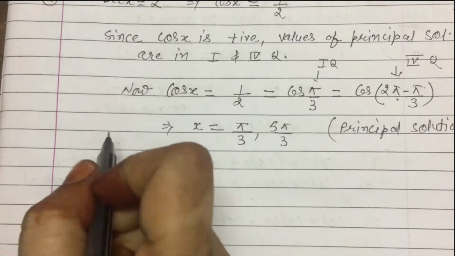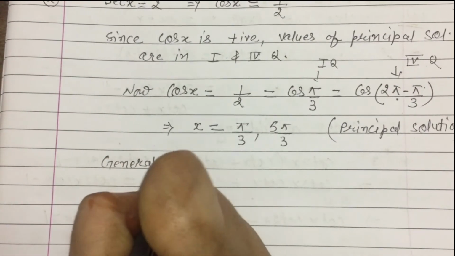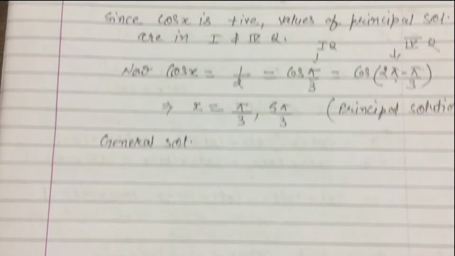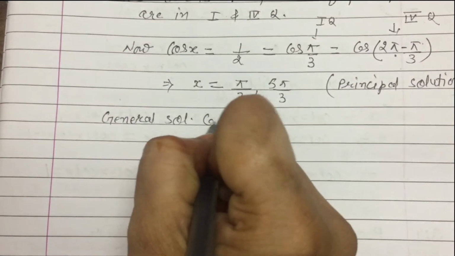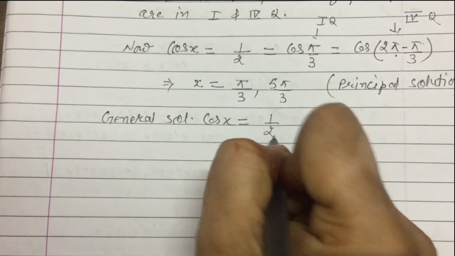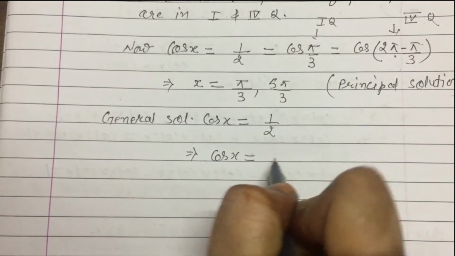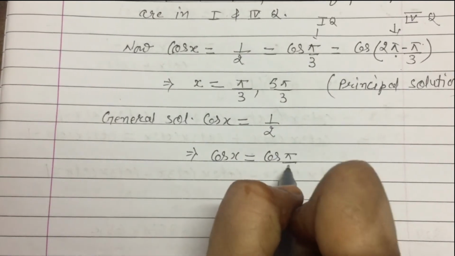Okay, next for the general solution, here cos x is given as 1 by 2. So in the next step, cos x is equal to cos pi by 3.